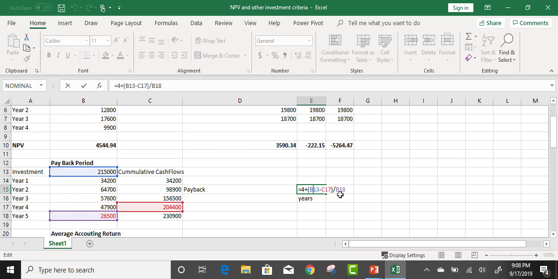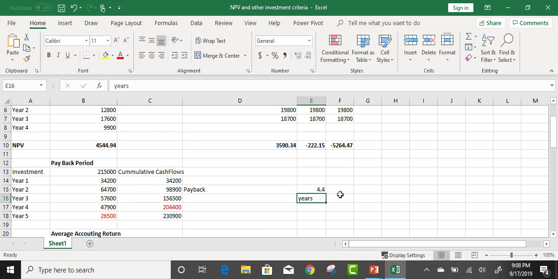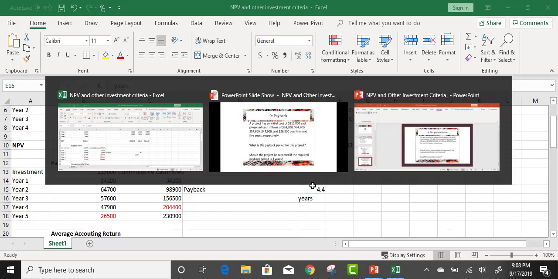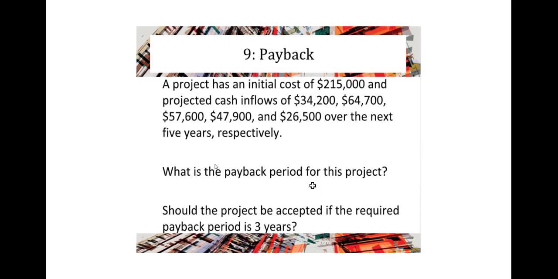So it has to be divided by the cash inflow in the next year. Once you use this equation, that will give you a payback period of 4.4 years. Since this payback period is greater than the required payback period of 3 years, the project shouldn't be accepted. So the project should not be accepted.